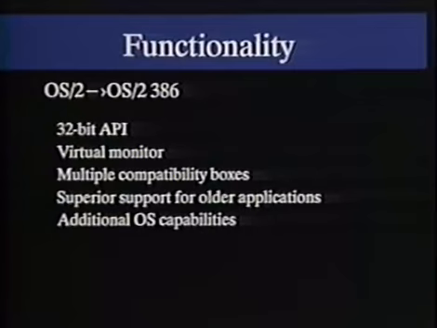So one of the things that the 386 version of OS/2 promises to offer is the ability to run non-Presentation Manager apps in windows under the Presentation Manager. Finally, because of the 386's additional capabilities, the operating system will support additional functionality, things like demand paging, for example.